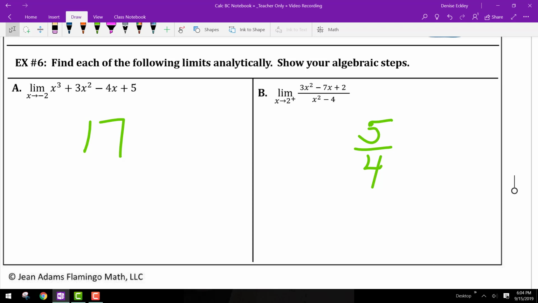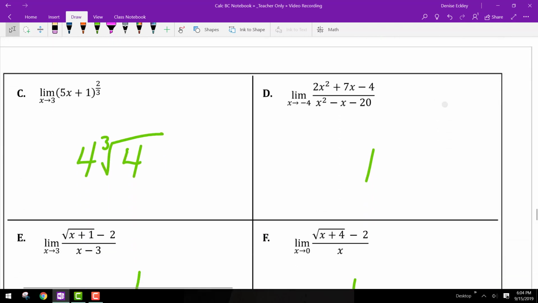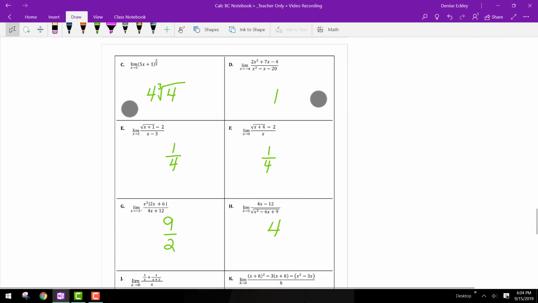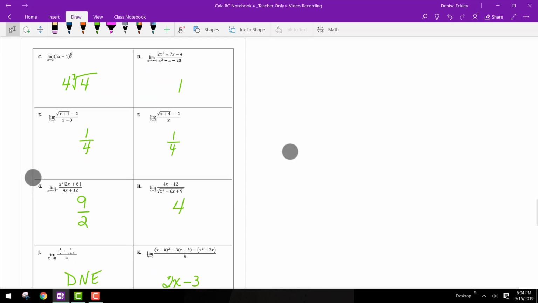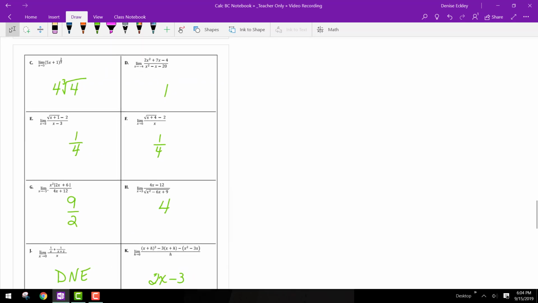Then moving on to the next page, I'm going to zoom out here. I think I made the answers big enough that when we zoom in or out, you can see them. There are the answers to C through K. As I've said earlier, if you did not get the correct answers or are not sure how I got the solution that is shown, please ask in class.